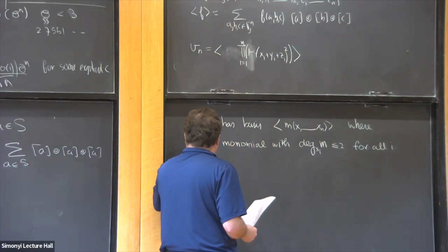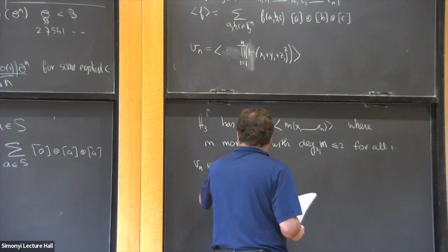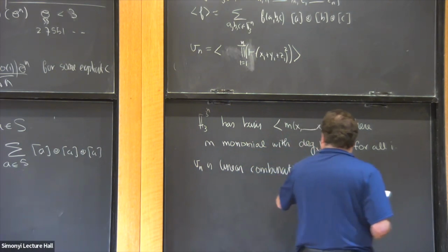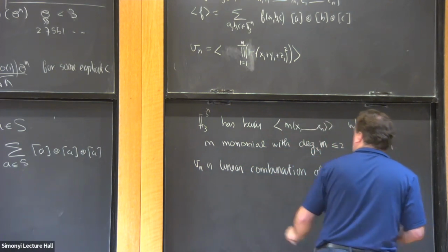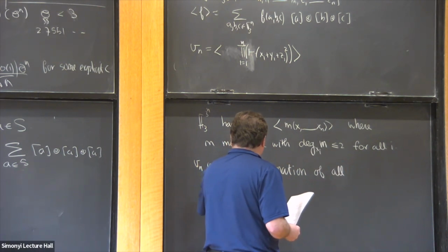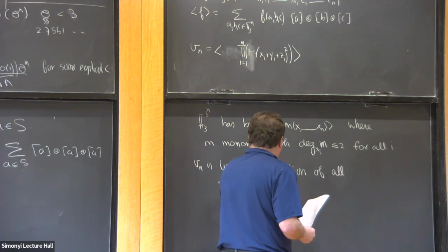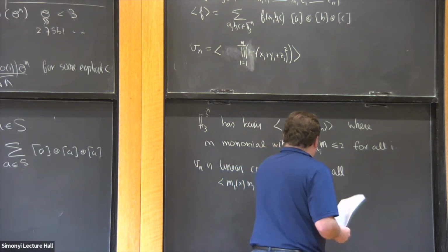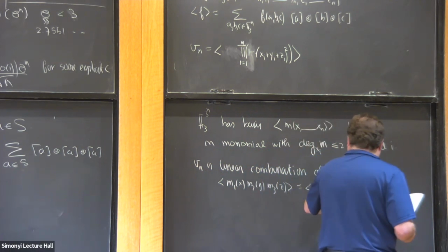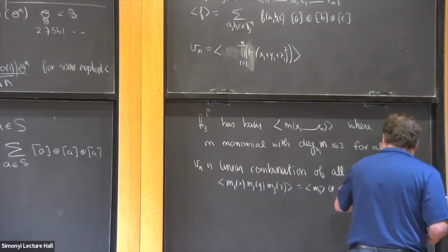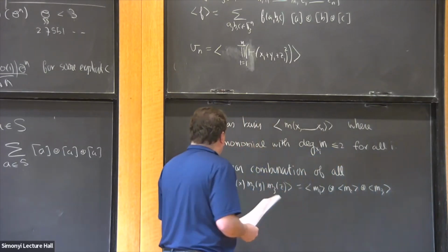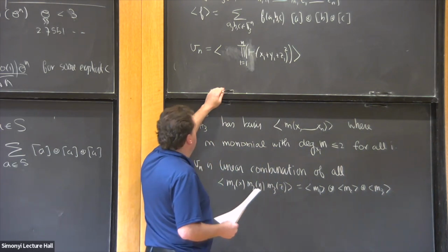So Vn is a linear combination of all m1 in the x variables, m2 in the y variables, m3 in the z variables, which in our notation is the standard product of these 3 monomials. And we can say even more.